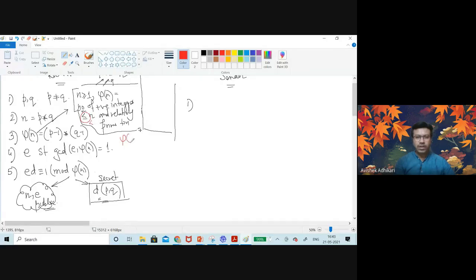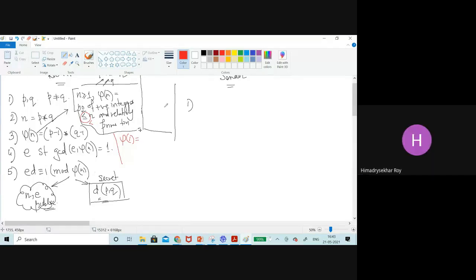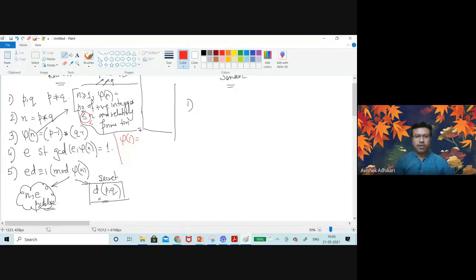Now tell me what is the value of phi of 1 in your definition? Phi of 1 is the number of positive integers strictly less than 1 and relatively prime to 1, right? How many numbers are there strictly less than 1 as well as positive integers?